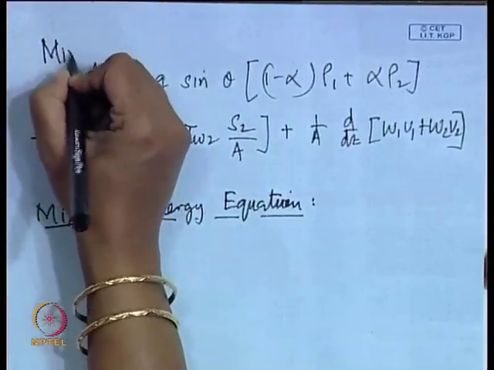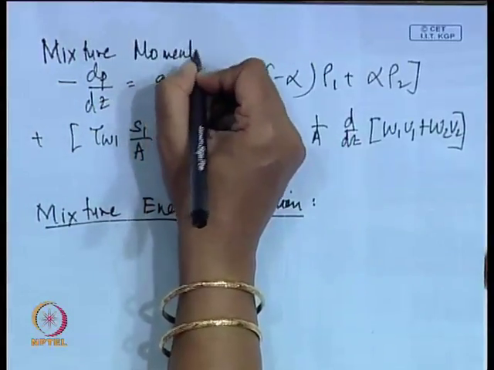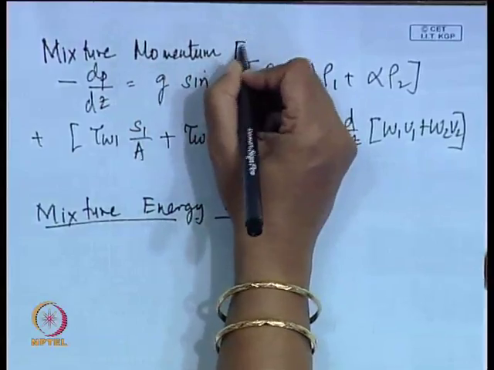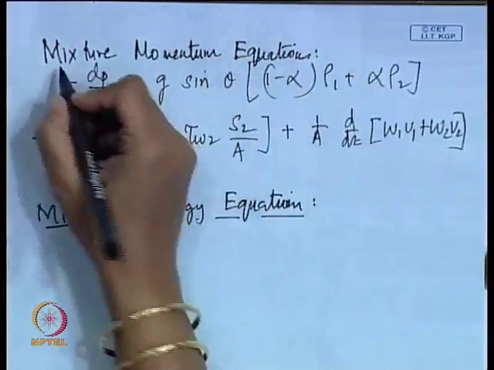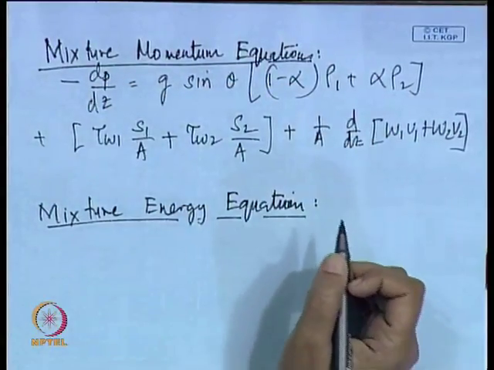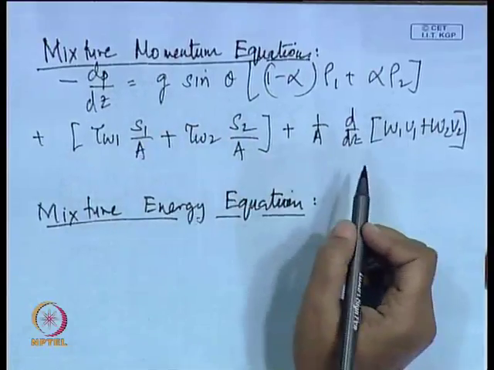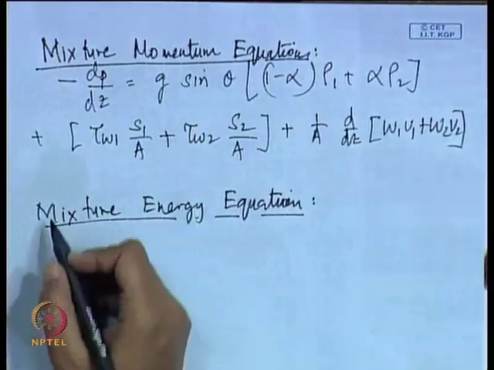This was the mixture momentum equation, which we obtained by adding up the equations we had derived for the momentum balance of phase 1 and phase 2. In a similar way, we can find the energy balance equation.